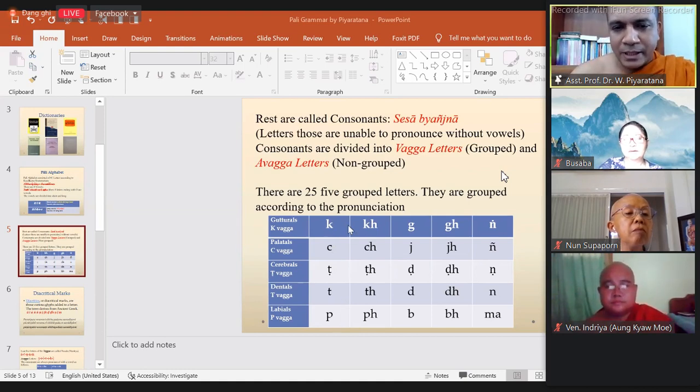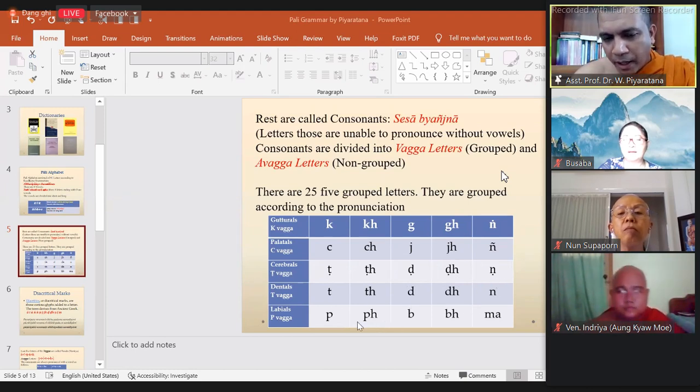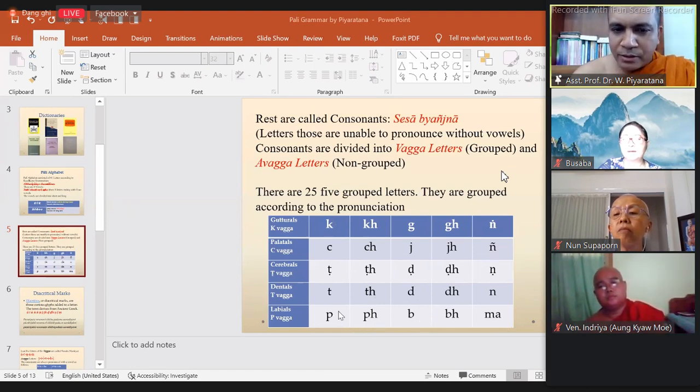So if you take, once again, I repeat all: ka, kha, ga, gha, nga, cha, chha, ja, jha, nya, ṭa, ṭha, ḍa, ḍha, ṇa, ta, tha, da, dha, na, pa, pha, ba, bha, ma. So take the first 5 letters in the group.